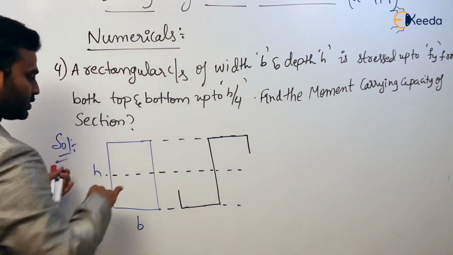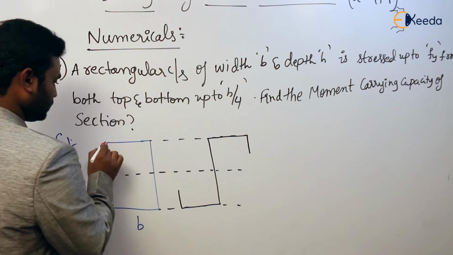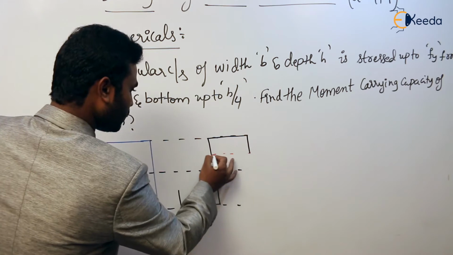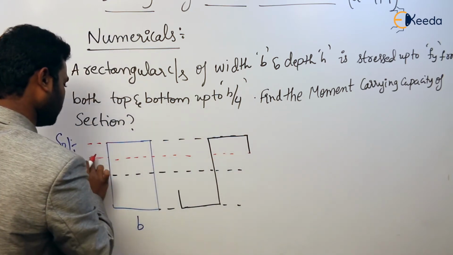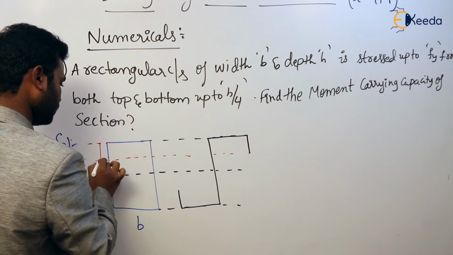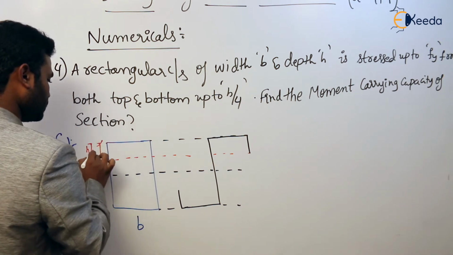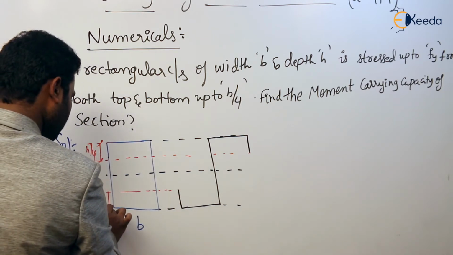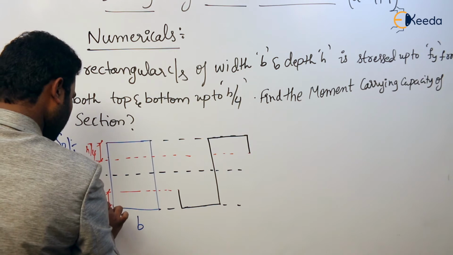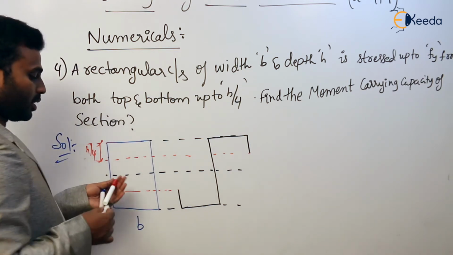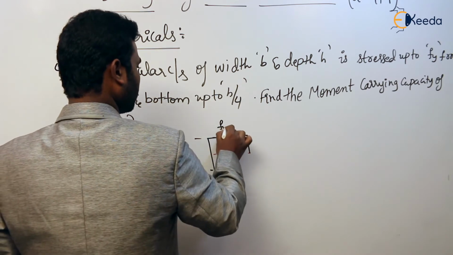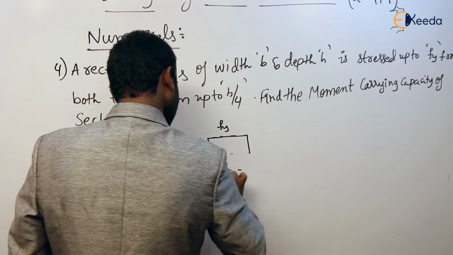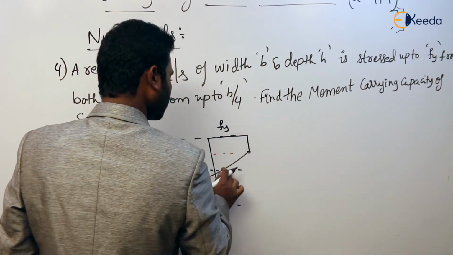The total is H, and this is H by 4. So from top and bottom it is stressed up to Fy, up to H by 4, and after that the variation is linear. This is the stress diagram given in the question.